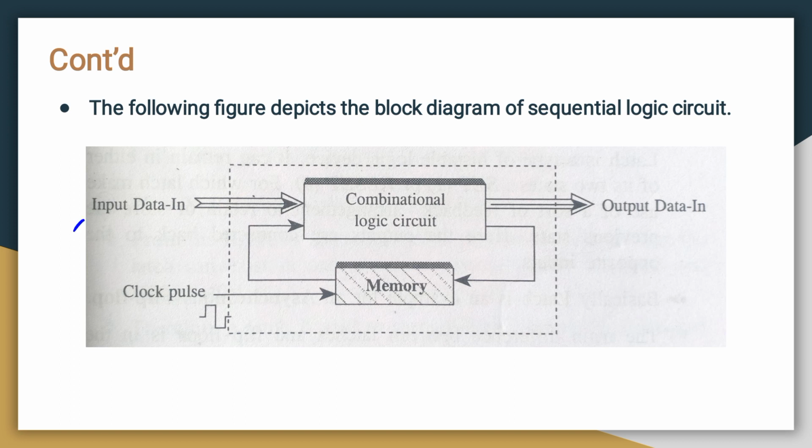It contains data input, data output lines, and it compulsorily requires a clock pulse or some other event to run the circuit. This is the combinational logic circuit and the memory. Whatever pulse you give, according to that signal the storage will be changed.